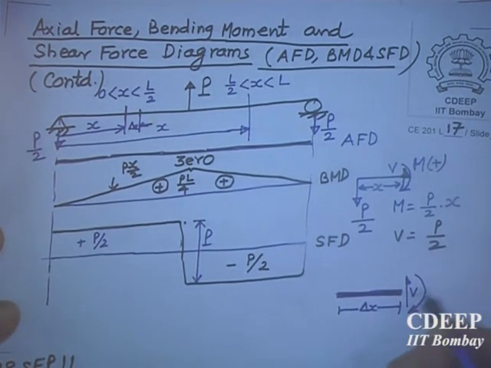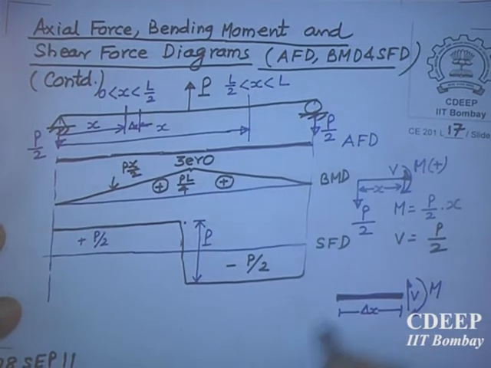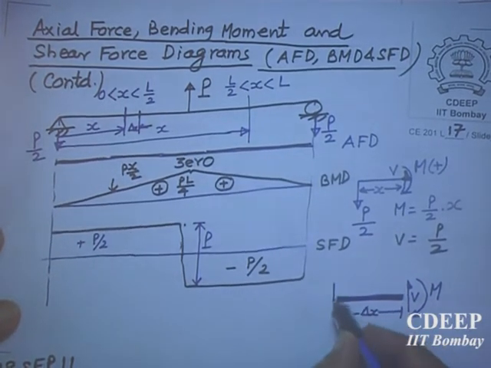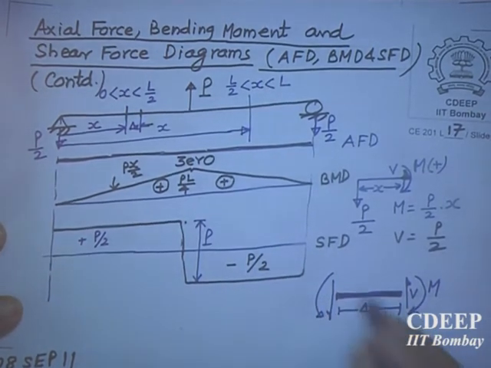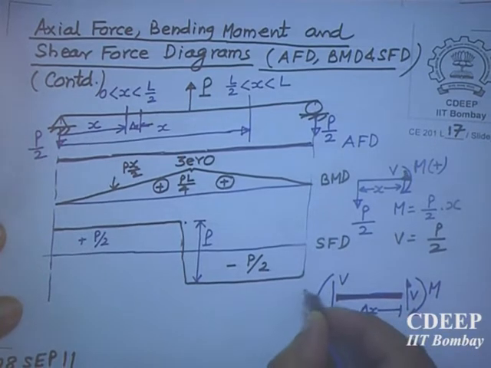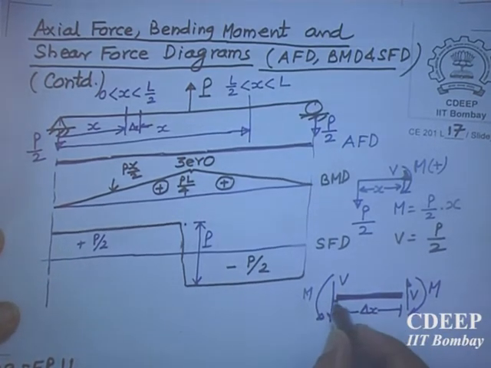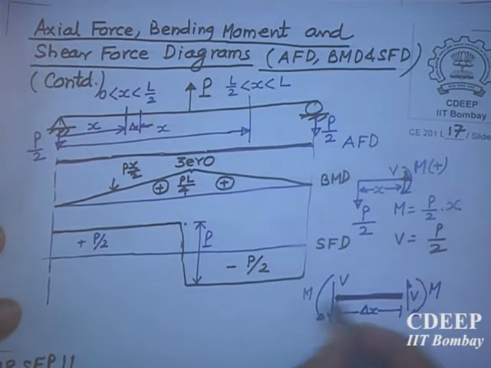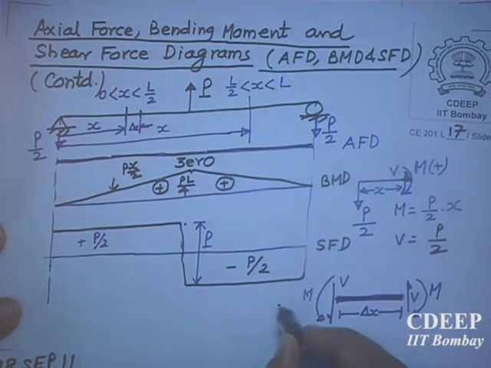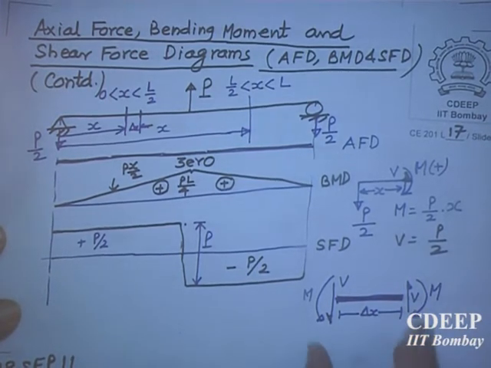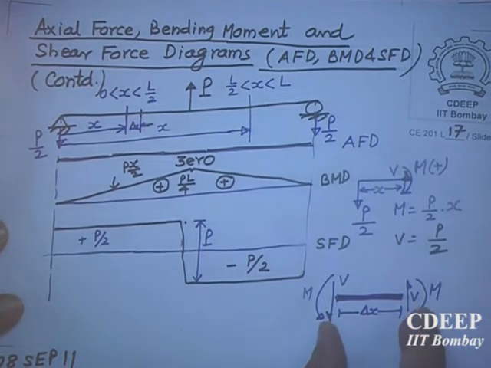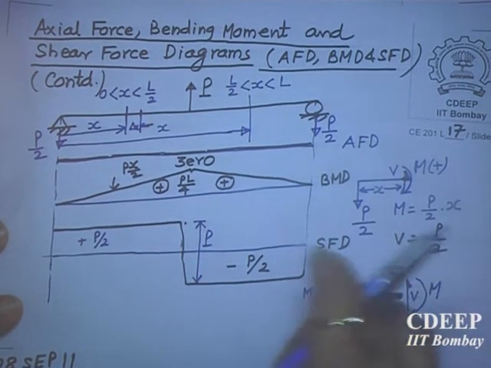So this is V, this is M. On this face, the positive shear force will be like this, positive bending moment will be like this. If somebody has not understood, please let me know. Why on this face? This is the negative x face. The normal will be in the negative x direction, so in the negative direction everything will be positive, and unless it is like this the element will not be in equilibrium. So that also maintains equilibrium. This V, this bending moment, this bending moment.